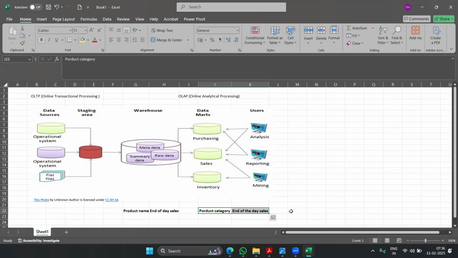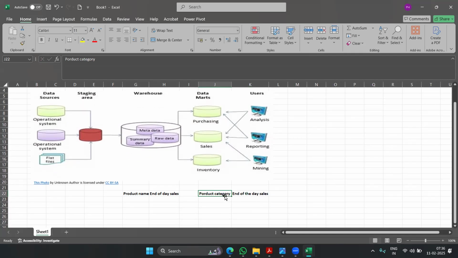So we got a new requirement from the business that they want to know day-wise sales of product category. So how can we achieve this? We have a raw data copy with us. So we can run a summarized view on this and we can get the product category wise end of the day sales. So raw data is a completely like-to-like copy.